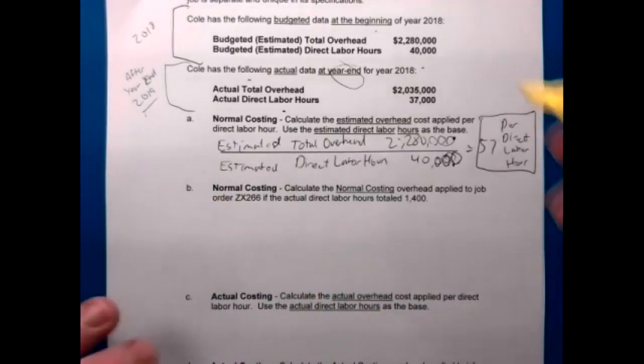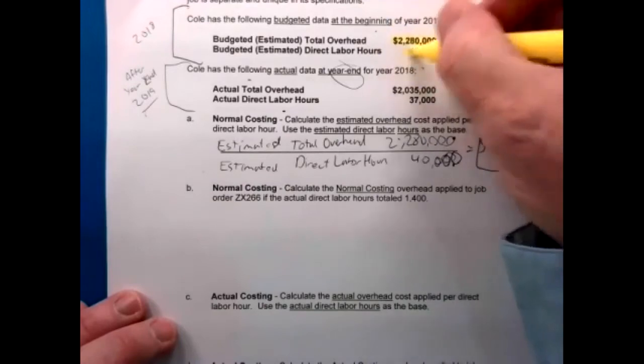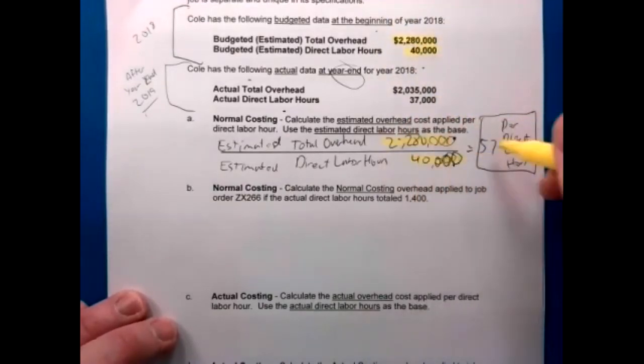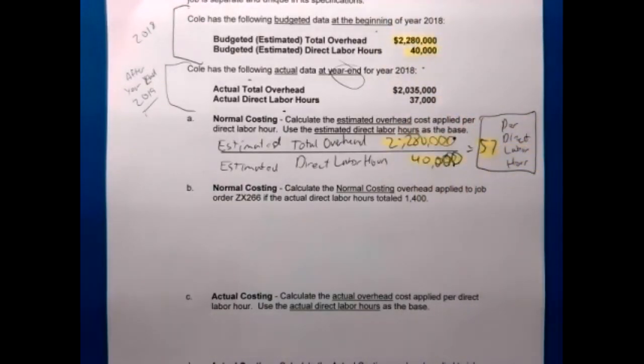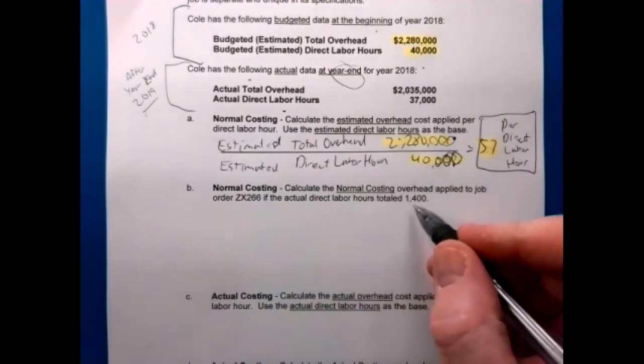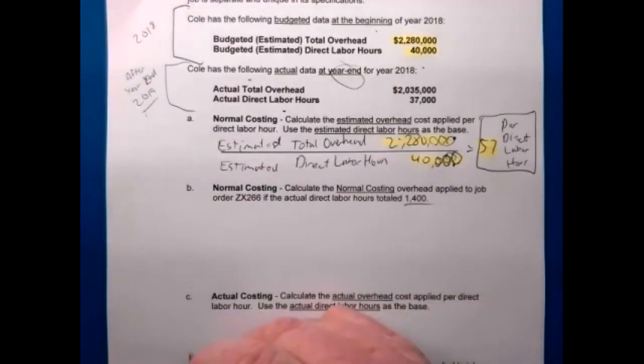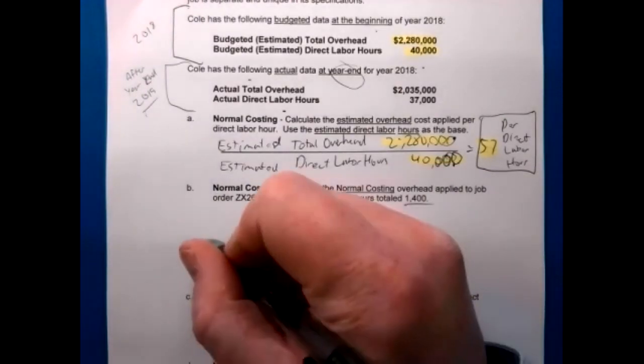Let's go back. Let's color code those just for fun. Okay, normal costing. Actual direct labor hours.